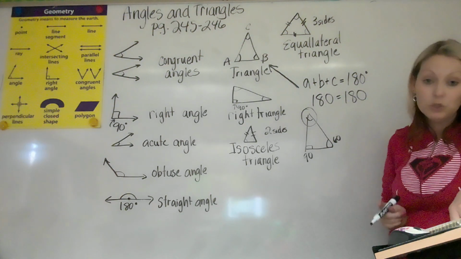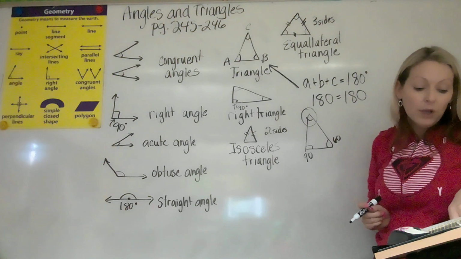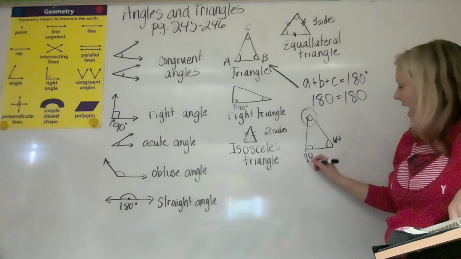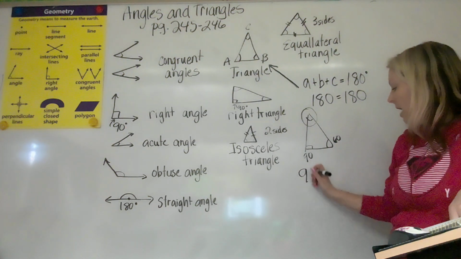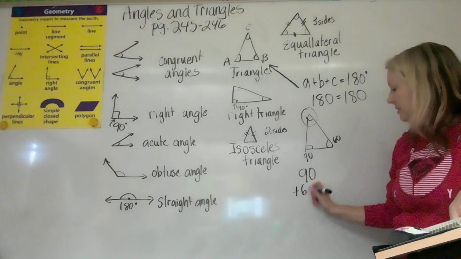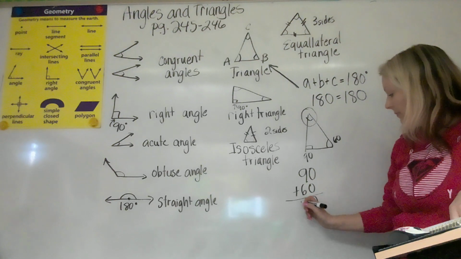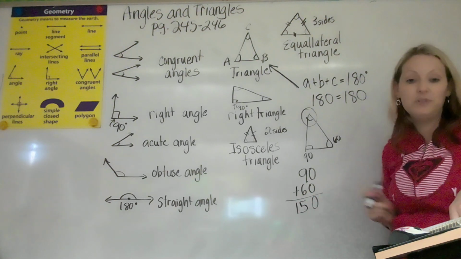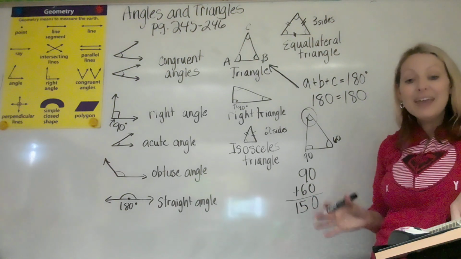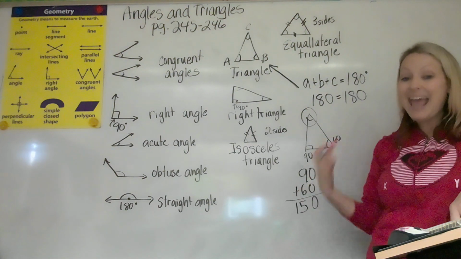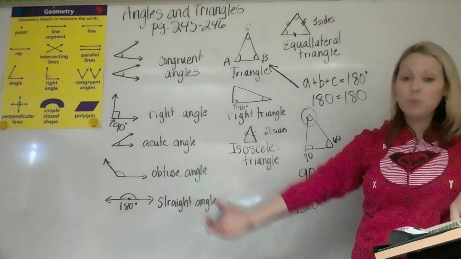Okay, we're on 2A. So now what you have to do is add up 90 plus 60, and that would equal 150, right? Okay, then you know that A plus B plus C equals 180.